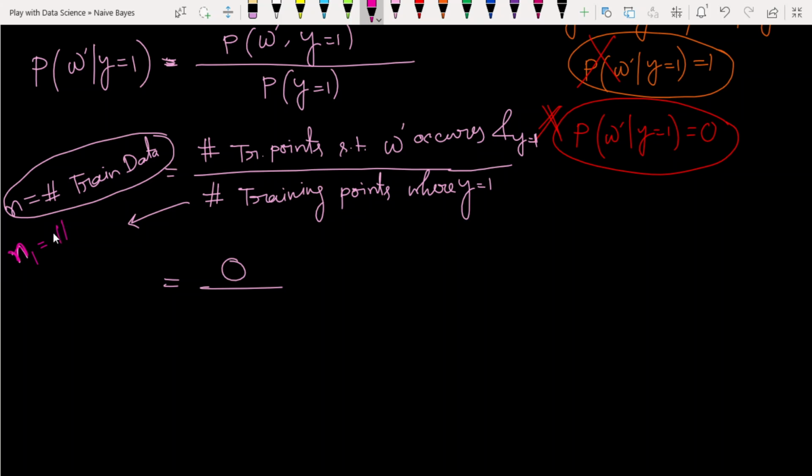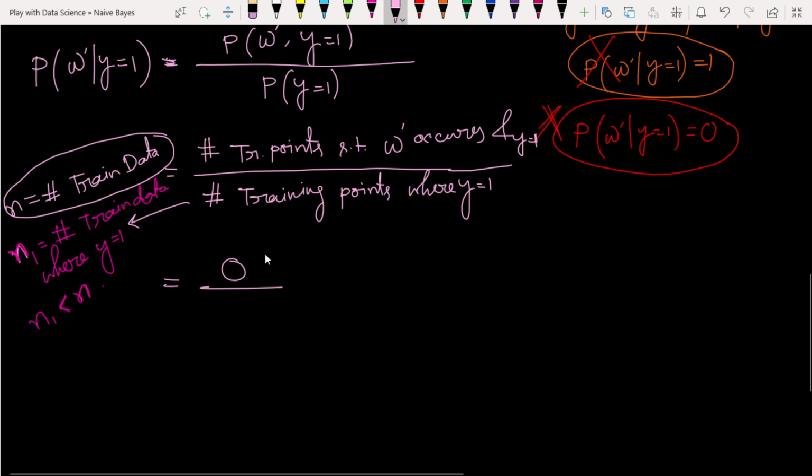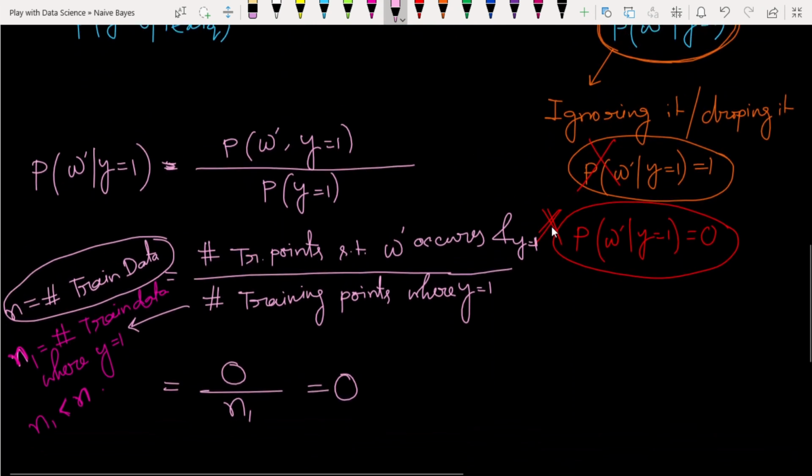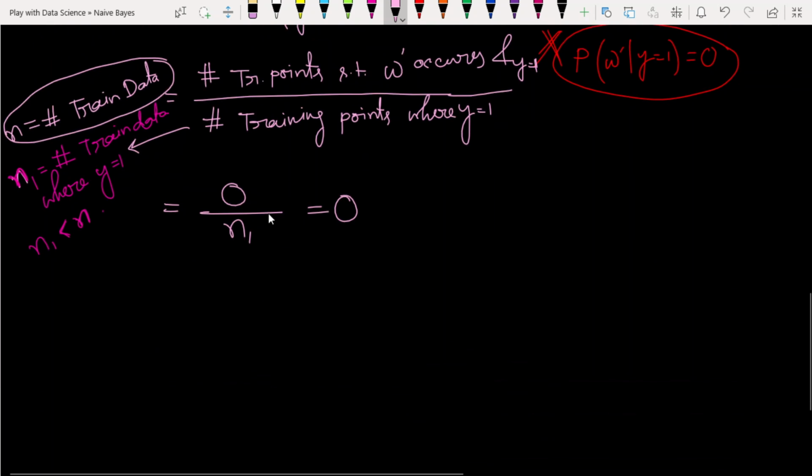So n1 is less than n. So now this value will be 0 by n1. This value will be 0.